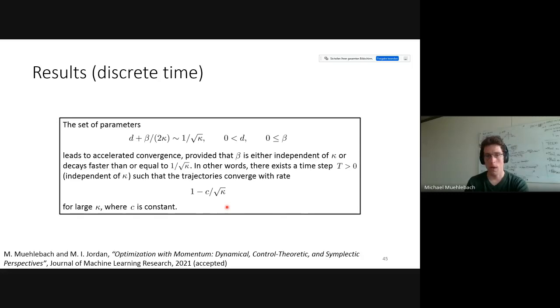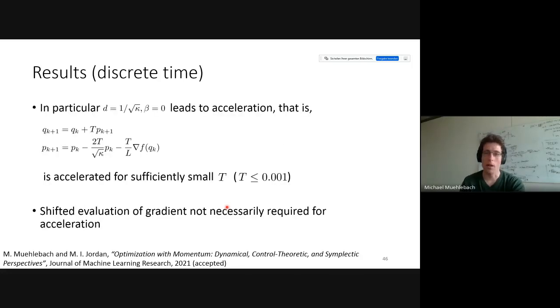And I think one very interesting corollary of this result is that you can actually set beta to 0 and d equals 1 over square root of kappa. And so you obtain this heavy ball scheme. And the previous analysis shows that if t is small enough, this is accelerated. So your convergence rate will scale with the square root of kappa.